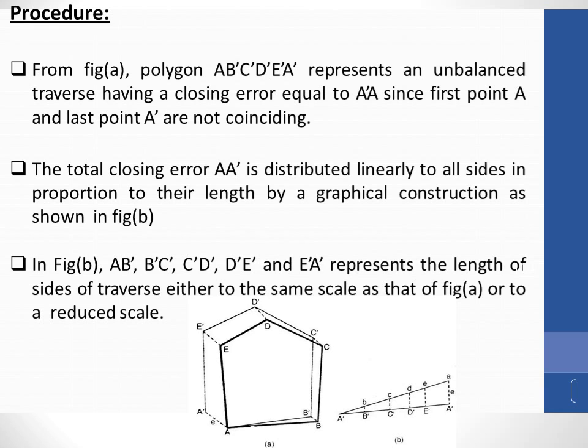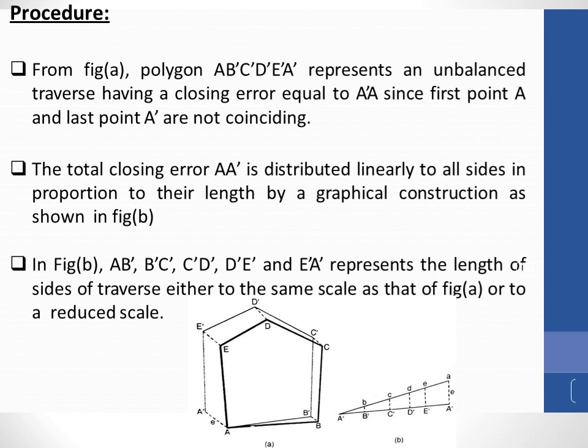In figure B, we have this line A A dash. Its length we know, so that will be plotted first, and we know what E is. What is E? The closing error. That length is also known. So from the right point, that is A dash, you draw E. If it is 1.25 meter, you draw a vertical line of that measured distance, so that it reaches up to small a.